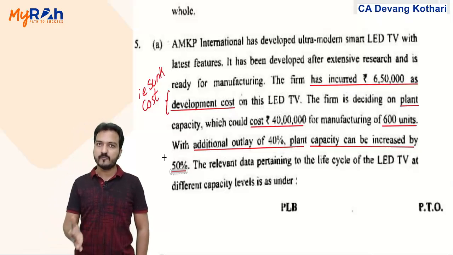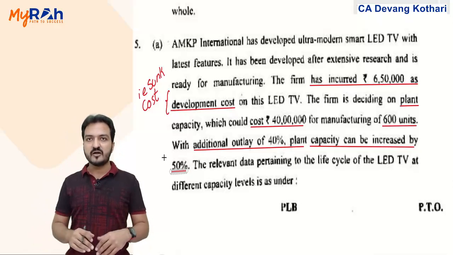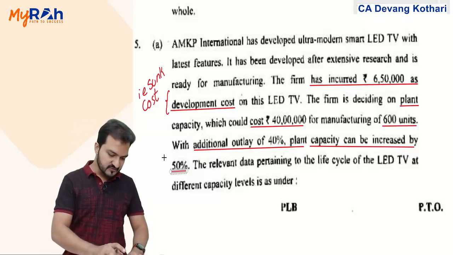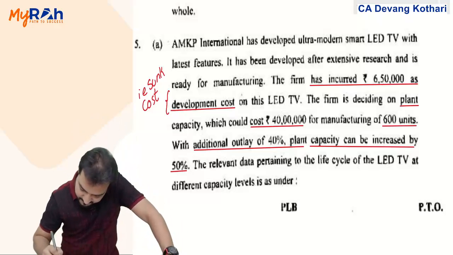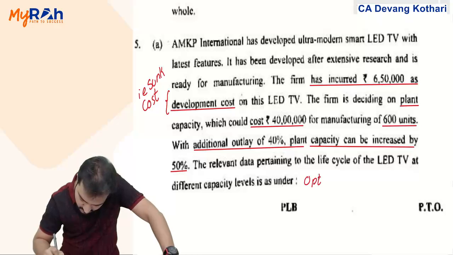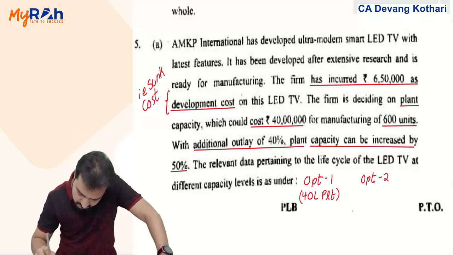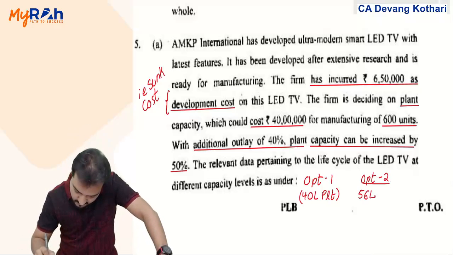In short, they have two options. Option 1, you purchase a plant of 40 lakhs. Option 2, you purchase a plant costing 40 lakhs plus 40%, that is 56 lakhs.